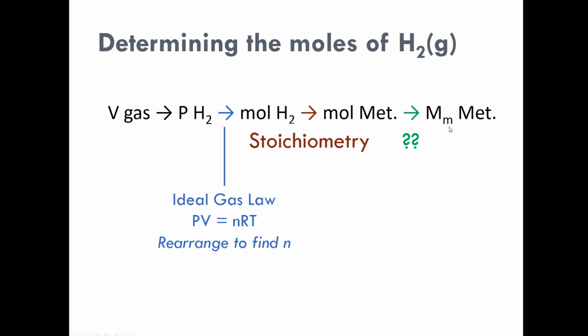You know how much metal in grams was in your sample. You now know how many moles of metal were in your sample because you've done these calculations. Now all you have to do is divide the two. Grams per mole is the unit that we want, so you divide your mass in grams by moles, and you'll get grams per mole.